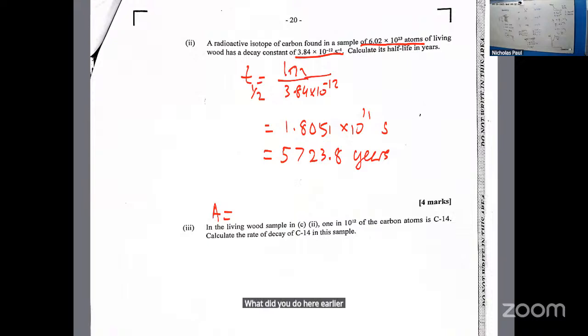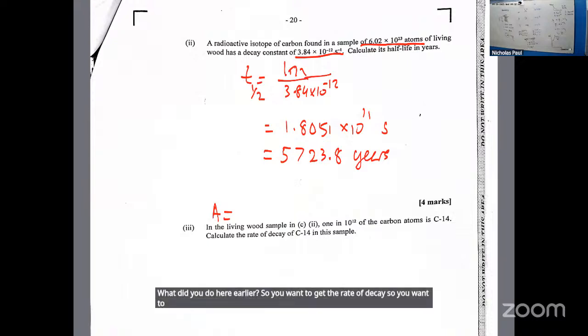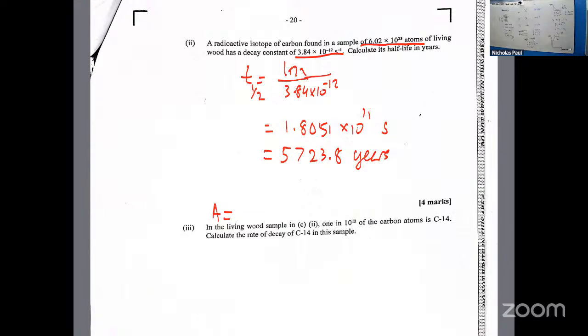So you want to get the rate of decay, so you want to get the activity. We can find it because they gave us the original number of atoms of wood. So we can use A is equal to lambda N, that's good. We have lambda already.